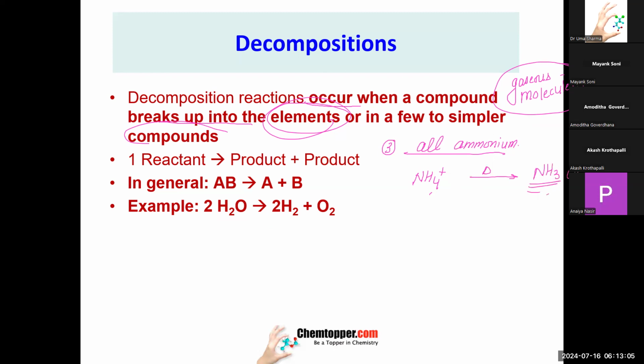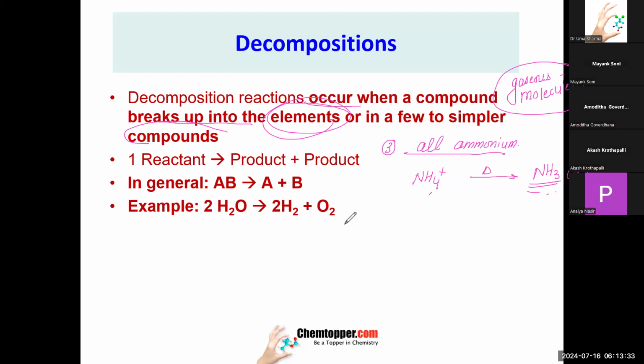Ammonia gas comes out. And you can feel the smell of ammonia. Ammonia has a very typical smell. Generally, a chemistry teacher, or the person who is working as a lab attendant, they all know the smell of ammonia. If you go to a fish market, there you can feel the smell of ammonia.